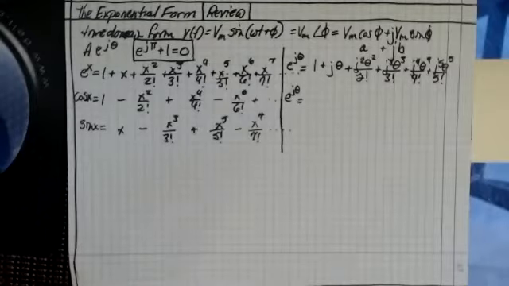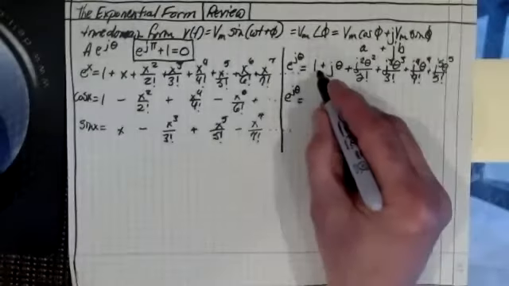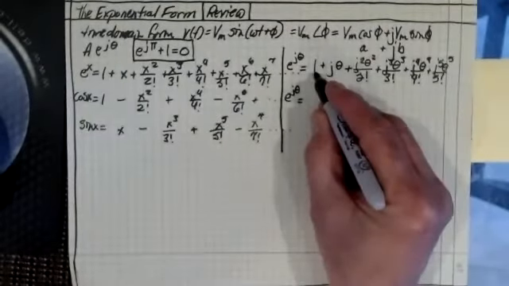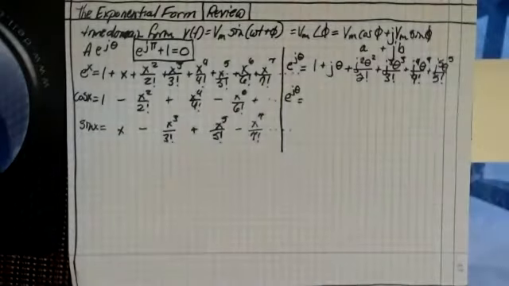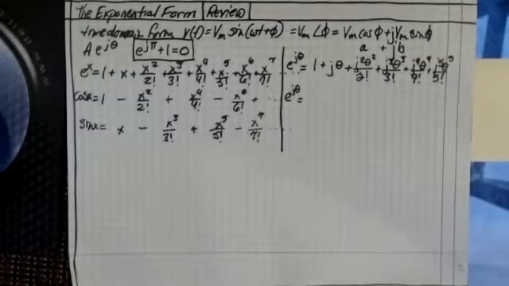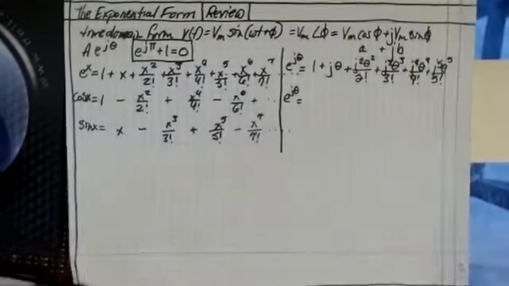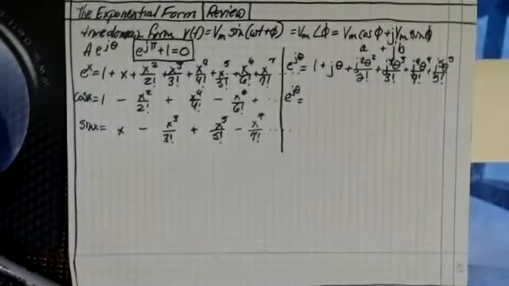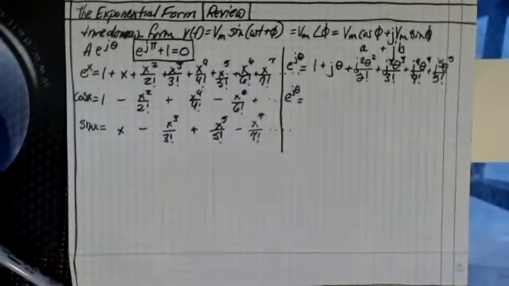So, okay, e to the j theta. Now what I want to do is break that up a little bit. Now, I've got 1. Let's just look at that first. In fact, where I wish I had my red pen. Where did that red pen go?